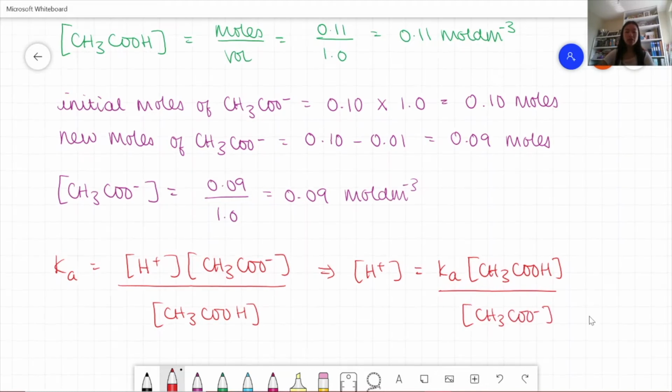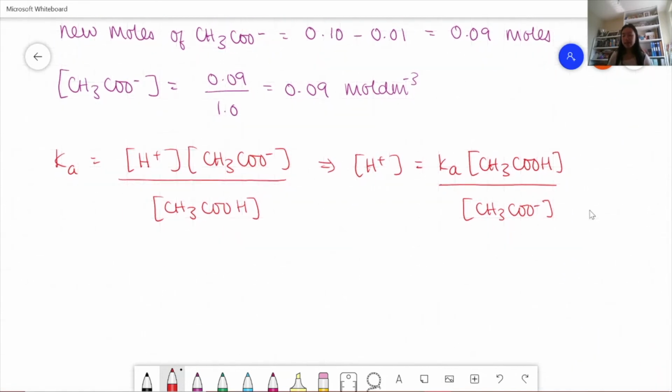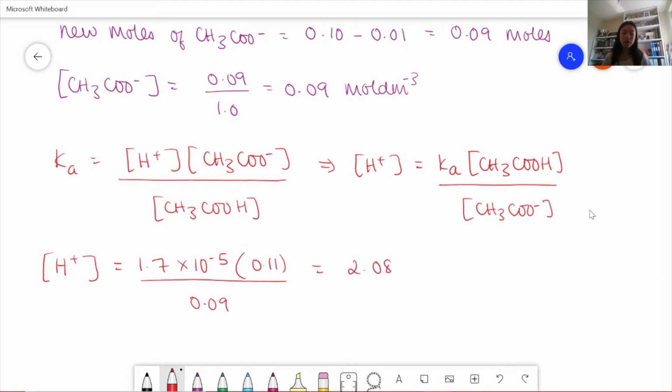And we were told at the start of the question that the Ka is equal to 1.7 times 10 to the minus 5. And so the concentration of H plus is equal to 1.7 times 10 to the minus 5 multiplied by the concentration of ethanoic acid, which came out to be 0.11, and divided by the concentration of ethanoate, which is 0.09. And so this gives us 2.08 times 10 to the minus 5 moles per decimeter cubed.